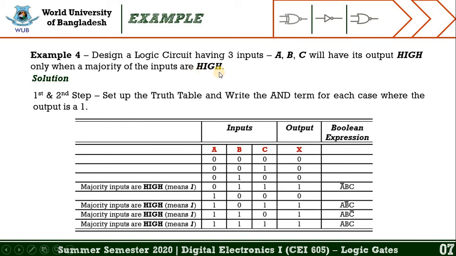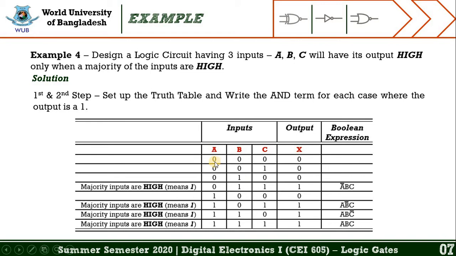So the first and second steps for this problem would be to set up the truth table and write the AND term for each case where the output is 1. Well, we already know this kind of truth table from the previous week, so we don't have any problem regarding this, I guess.